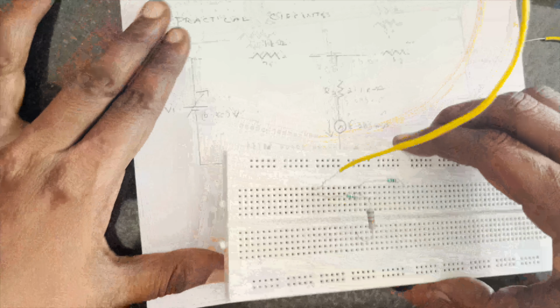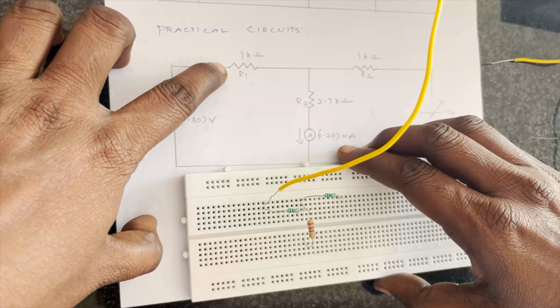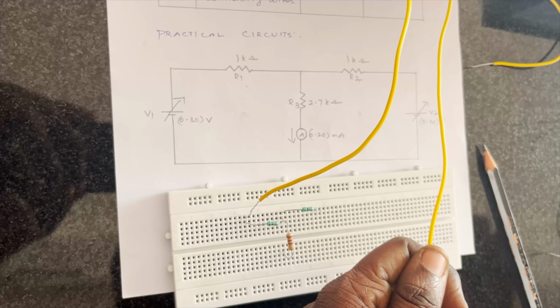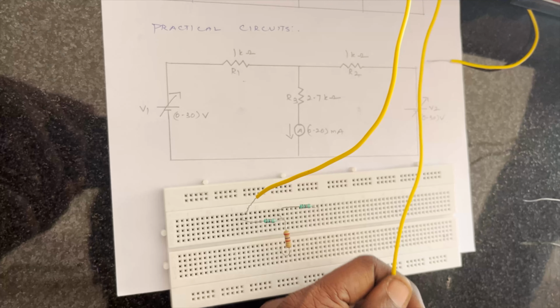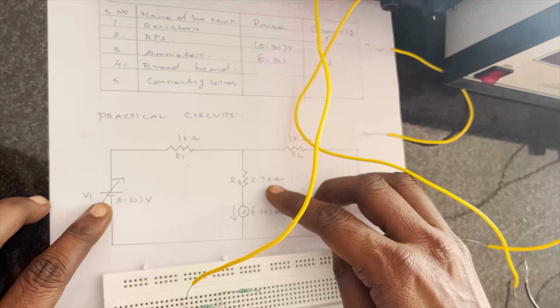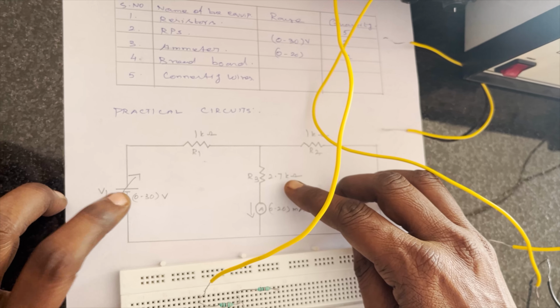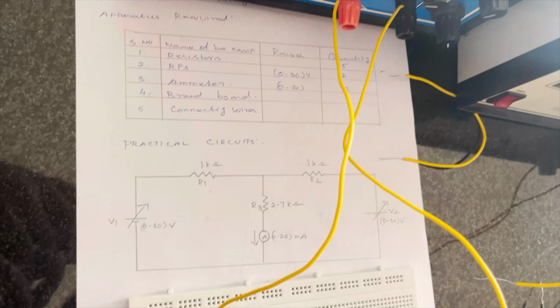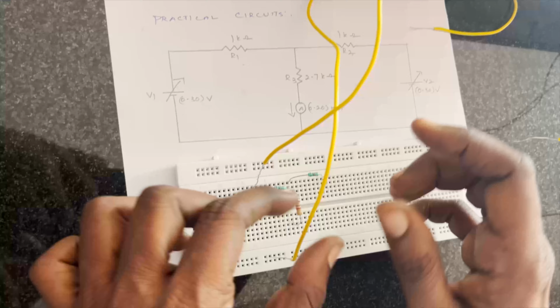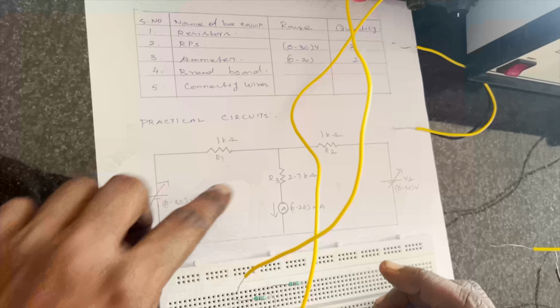So the R1 first end gets the plus. R1 first end is finished. Then we move on to the first RPS negative position. I have to place it here, the ground position. So R1 negative, this side is finished.